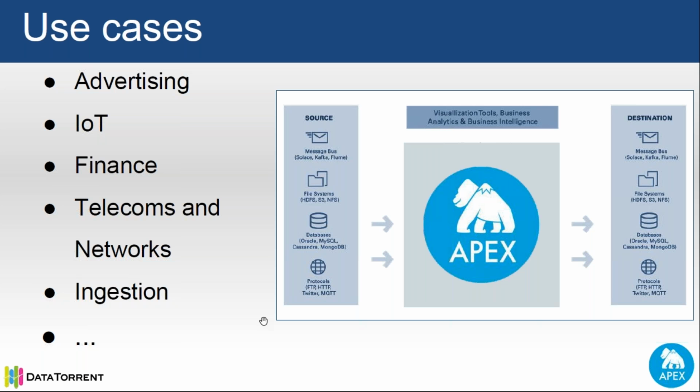Okay, so use cases are from different domains. It could be advertising, like processing ad clicks, or processing sensor data in the IoT domain, or fraud detection systems in the finance domain, or processing CDR records in the telecom domain, or simply ingestion, like ingesting log files and doing some transformations on them, some ETL kind of stuff.